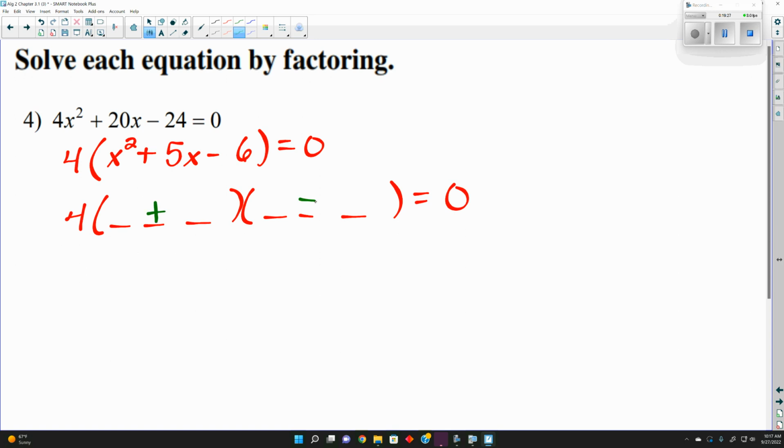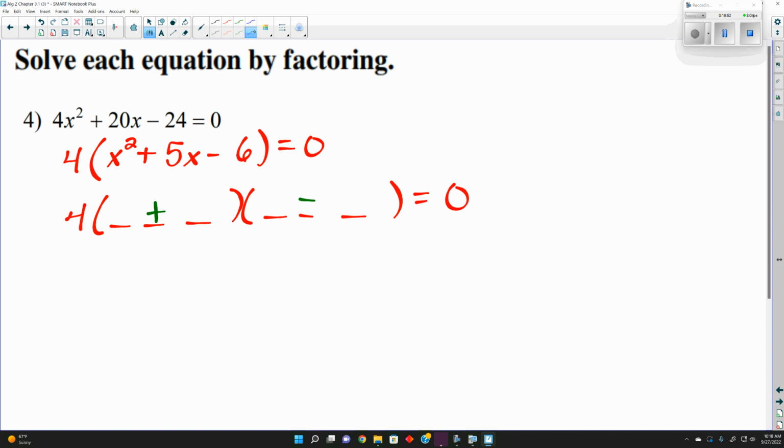Because if that third term's negative, does it really matter what the sign in the middle is? Not too much, because one's positive, one's negative. That's it. The only time we really look at the middle term is if the third term is positive. Now we could use it to determine where the factors go and seeing how it's going to be for signs, but we mainly look at it when the third term's positive.